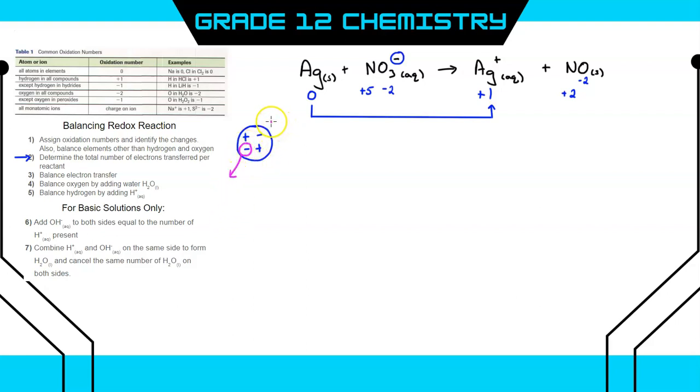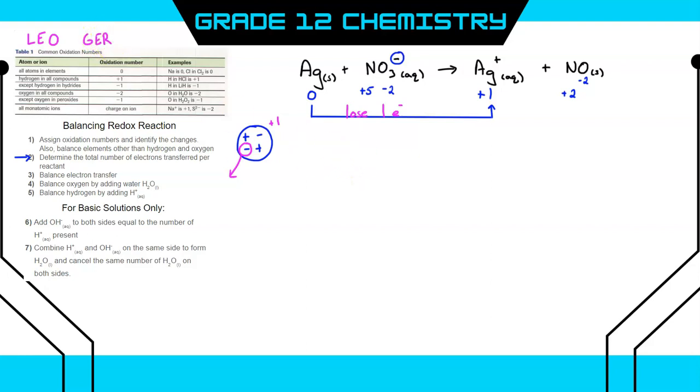And now we have an overall +1 charge. So we lost an electron in this case. So we lose 1 electron. So in this case, silver is being oxidized. If you remember the mnemonic, if you lose electrons, you're oxidized. If you gain electrons, you're reduced.